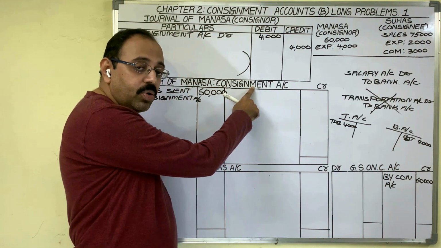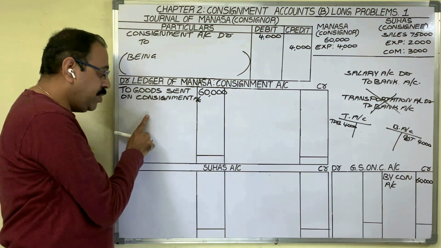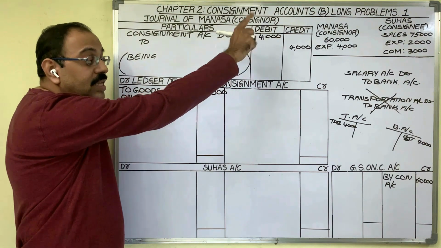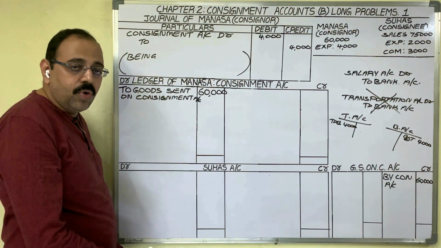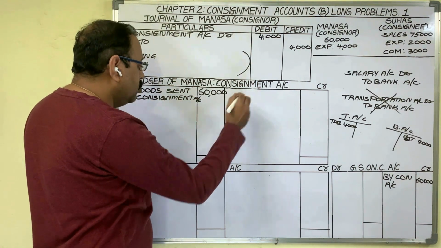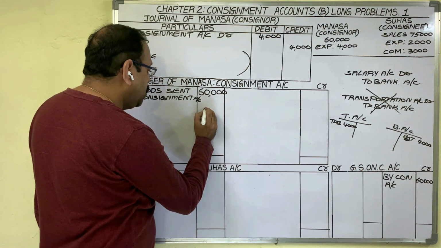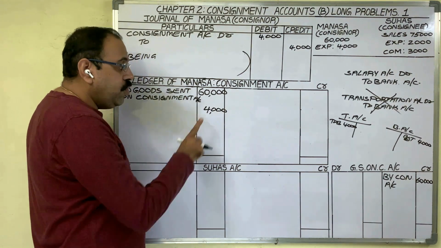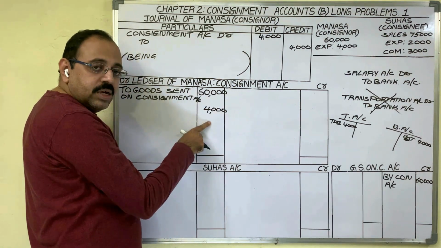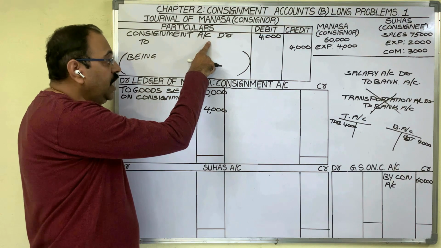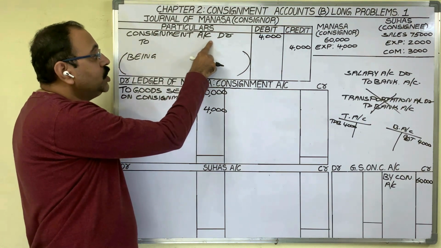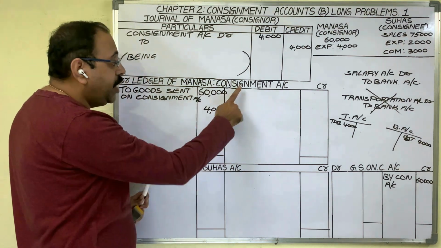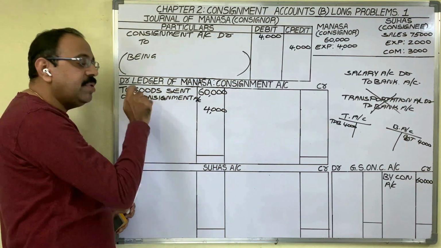As per the nominal account rule, expenses are to be debited, incomes are to be credited. 4,000 is an expenditure. Therefore, in consignment account, on the debit side, we should post 4,000 rupees. If you want to post like this, while writing the journal entry, consignment account is to be debited. Then only in consignment account it will be posted on the debit side.